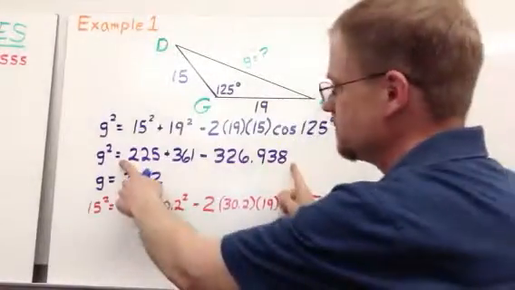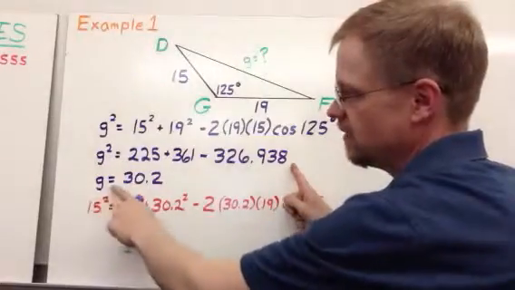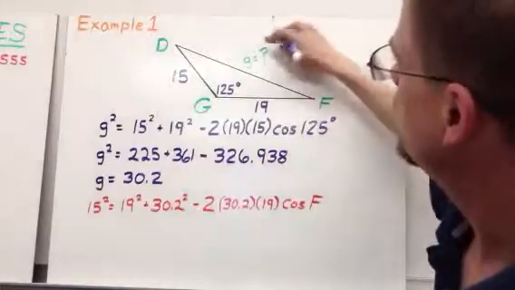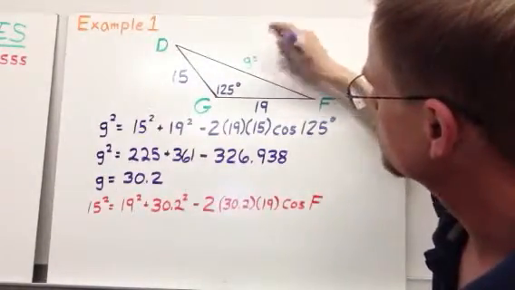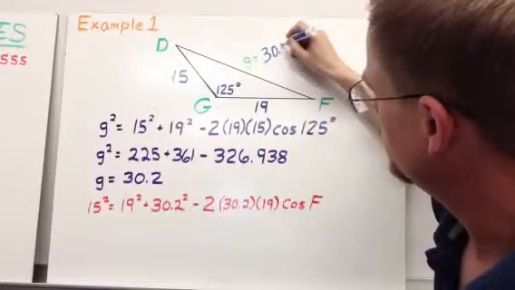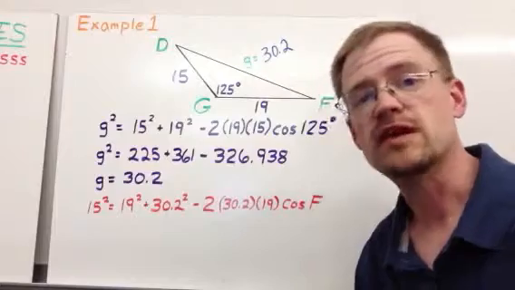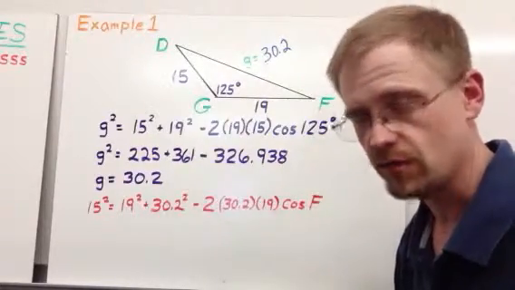I simplified that again, did the square root, and found that g was equal to 30.2. So up here, instead of g being an unknown, it is equal to 30.2. And you'll round it to whatever the problem asks you for. If it asks for the nearest tenth, the nearest unit, the nearest hundredth, whatever it asks for.